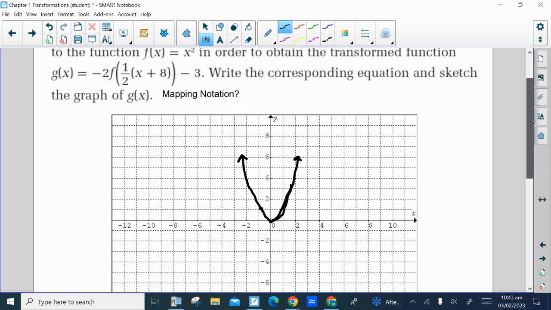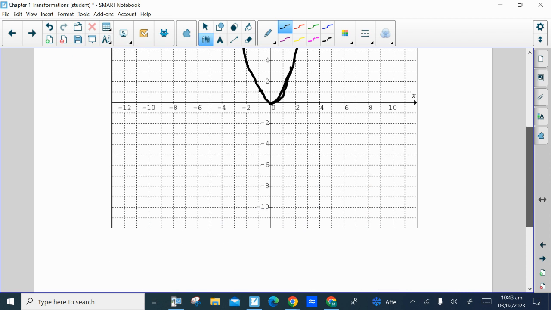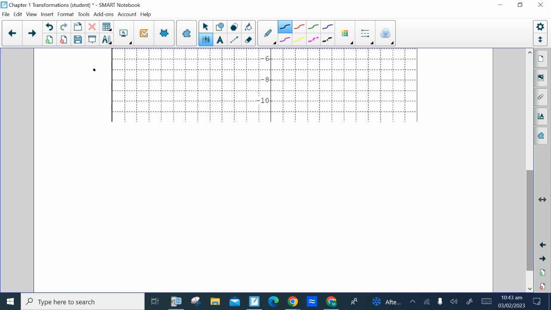So if we look at our equation, first we have a value of negative 2. We have a b value of a half. Once again, if you look at the equation, b and x minus h are separated by brackets, so our h value is negative 8, and our k value would be negative 3.